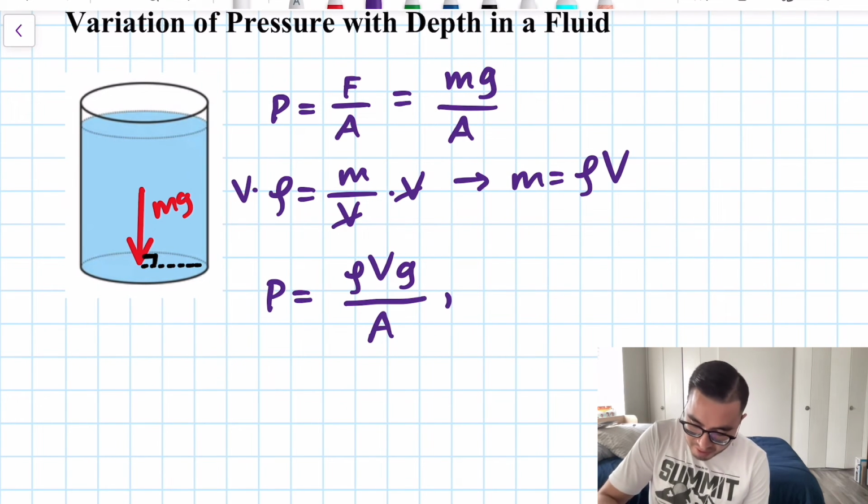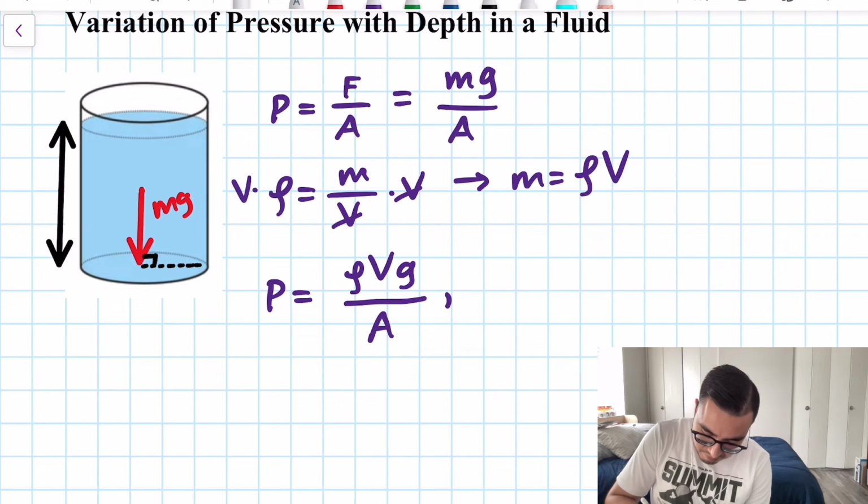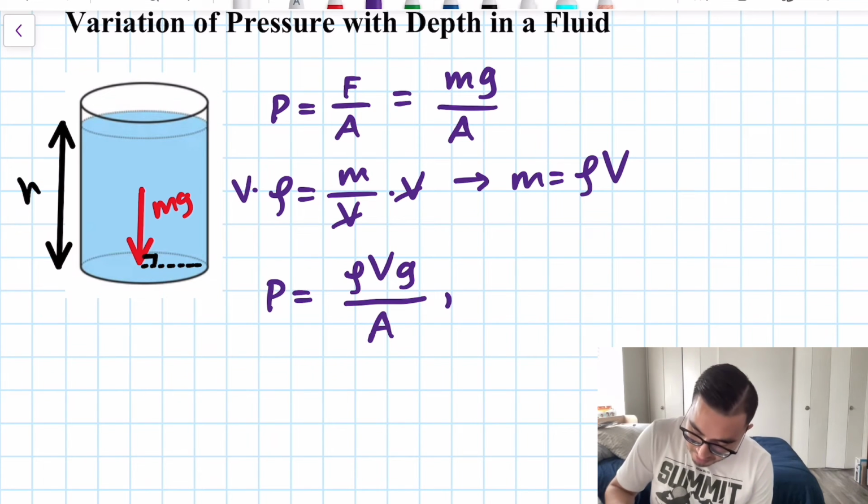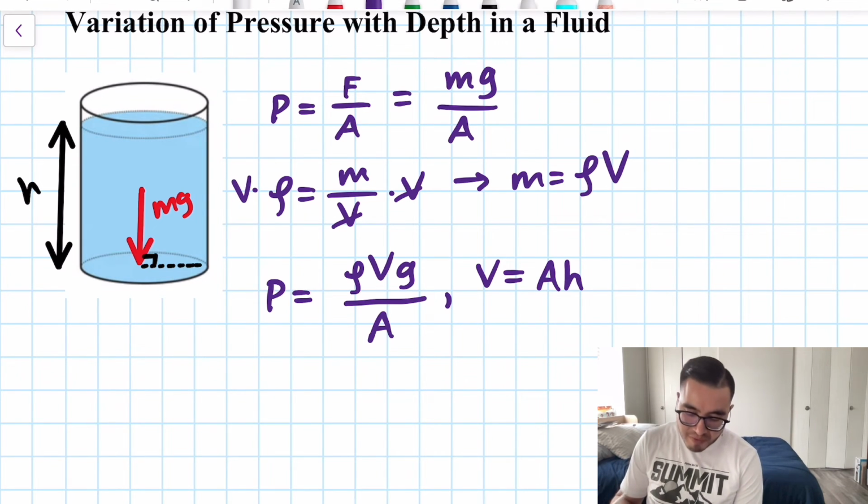The height of that liquid is simple, right? It's just from here to here. That's the height. Let's call it h, height h. And then to find the volume, we can multiply the area times the height. That's going to give us the volume of the fluid.